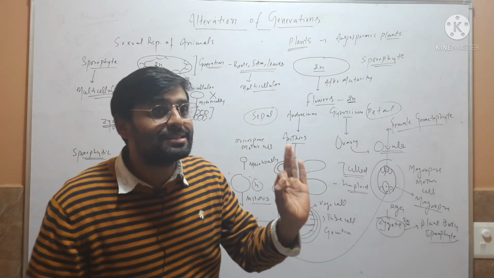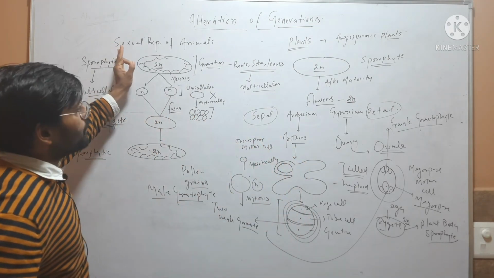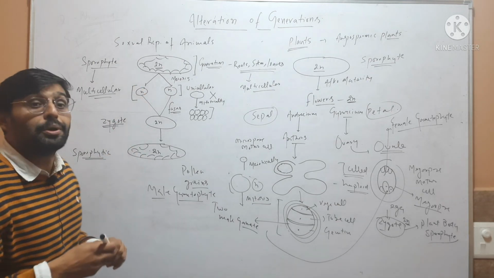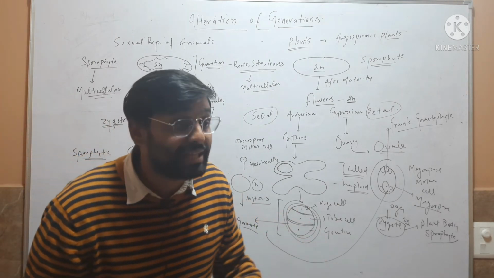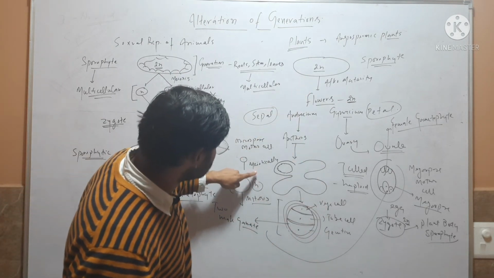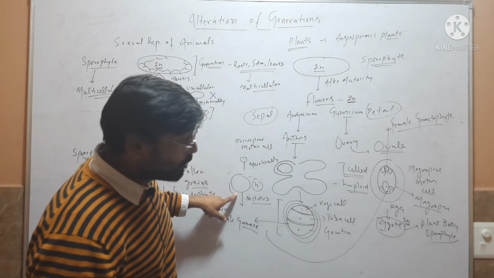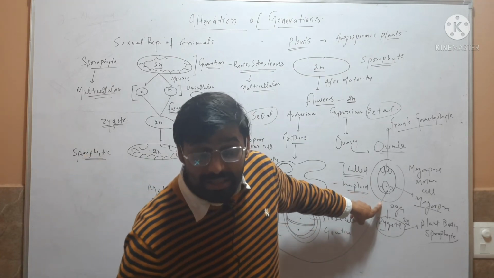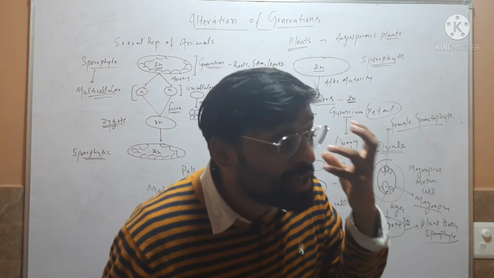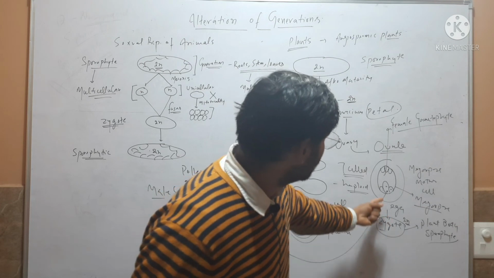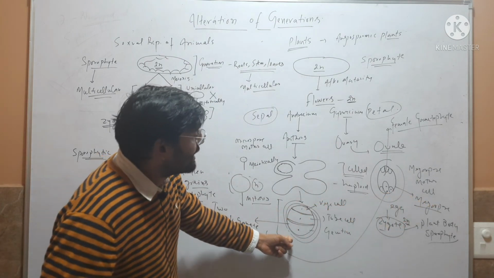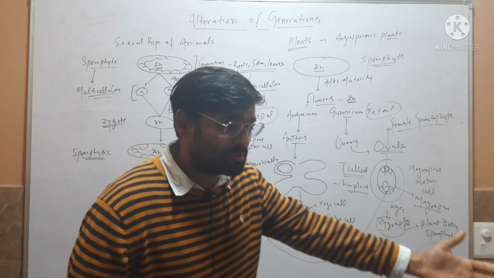There is only a single generation, a diploid generation, because in animals gametes do not divide further by mitosis, they simply fuse. But in the case of plants, after meiosis a pollen grain is formed, and here after meiosis a megaspore cell is formed. Then they further divide by mitosis and form a small multicellular structure, the female gametophyte, a 7-celled structure here, and the male gametophyte, a 3-celled structure, or maybe 4-celled in some other species.